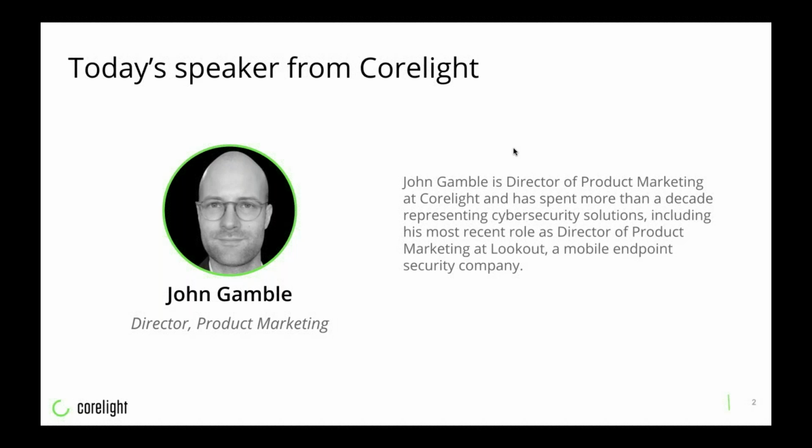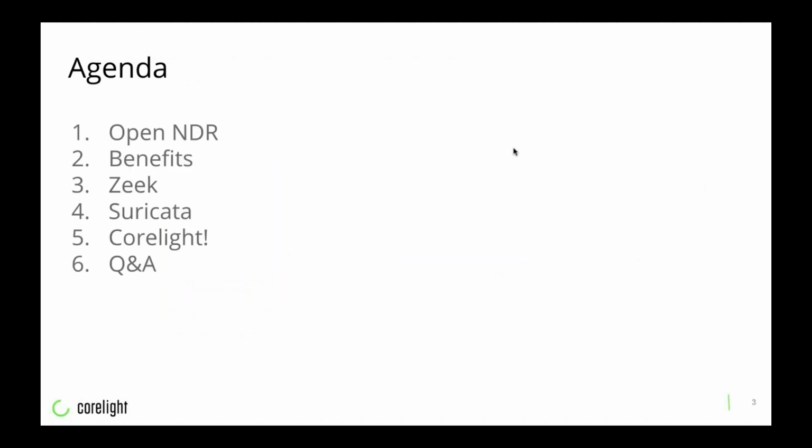And if you've got knowledge to share, please share it in the chat or ask a question, and we can discuss at the end. So the agenda today: I want to talk about an open network detection and response framework built on open source tools and what that entails. I want to discuss some of the benefits, as I see it, of this approach to network detection and response, because of course there are alternatives. You can go with a private, closed system vendor solution here.